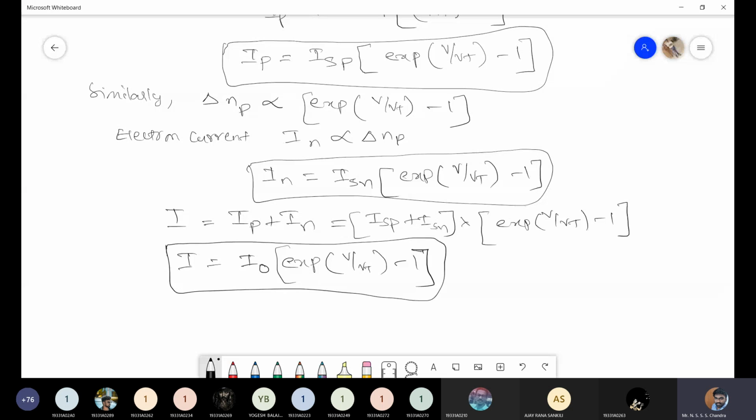This we are calling the diode current equation, in which the term I naught we are calling the saturation current. Your Vt is called the volt equivalent of temperature. So your diode current is an exponential current. It's not a linear current. Okay, till here you please write down.